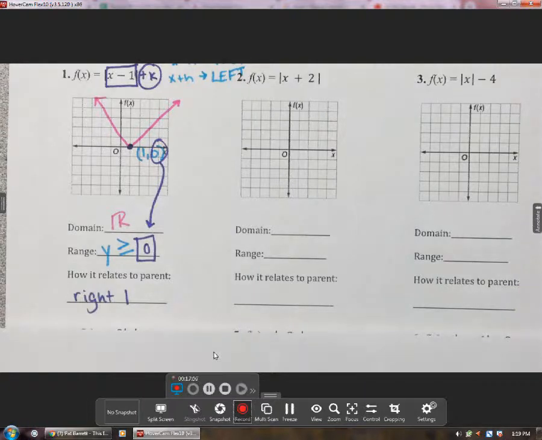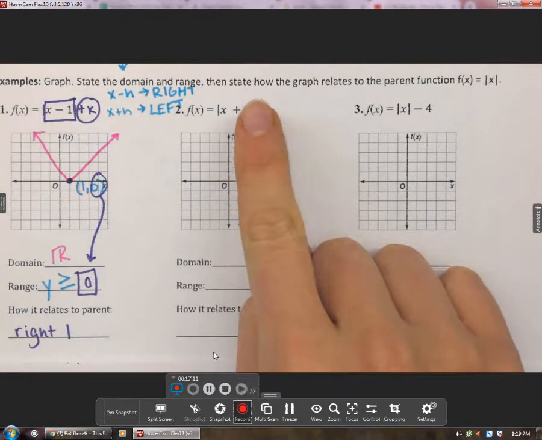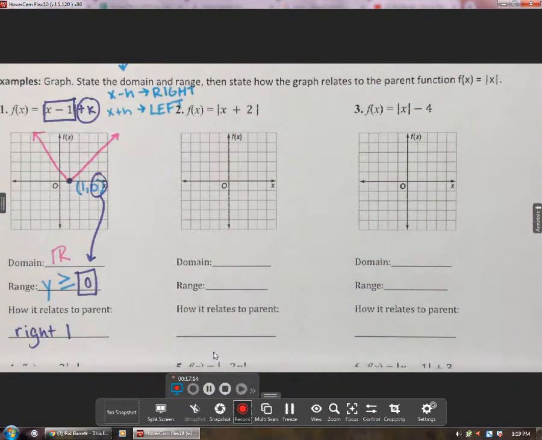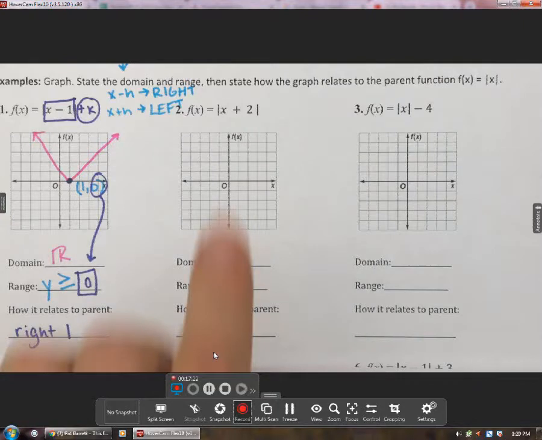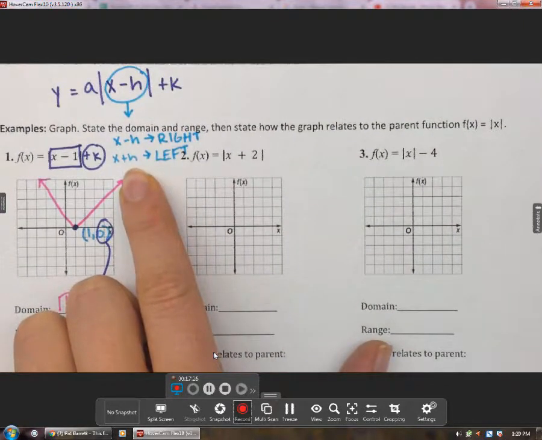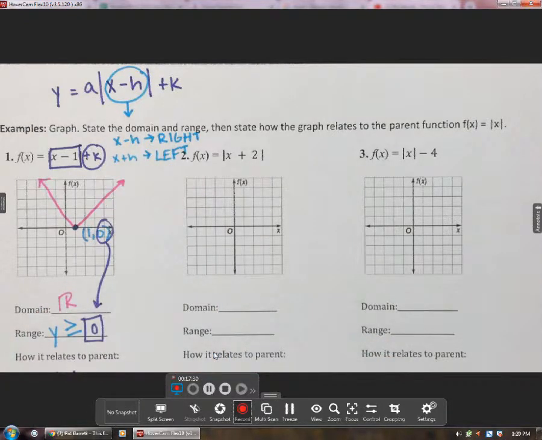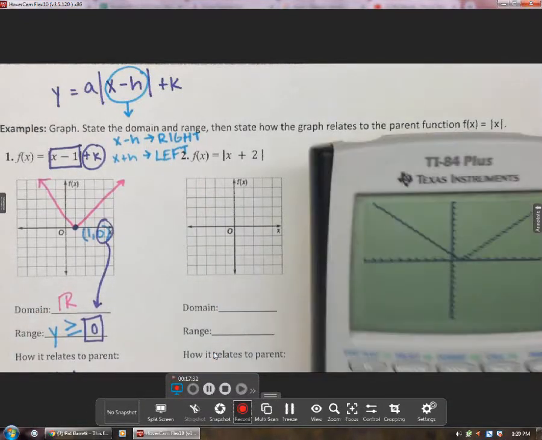Let's try another example. This time it's going to be x plus 2. If I was there, I'd make you turn to your partner and say, what do you predict this graph is going to look like? But I won't make you do that. I hope you're thinking it though. If it's a plus 2 and I have x plus h, that's going to move us left 2 units. But let's check it on the calculator.